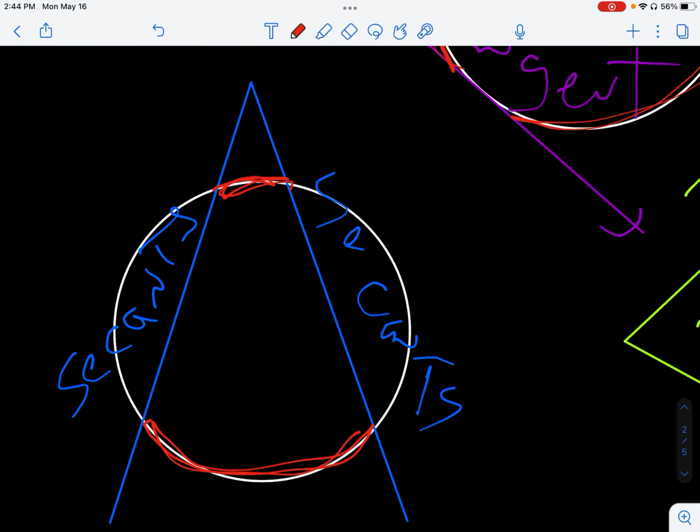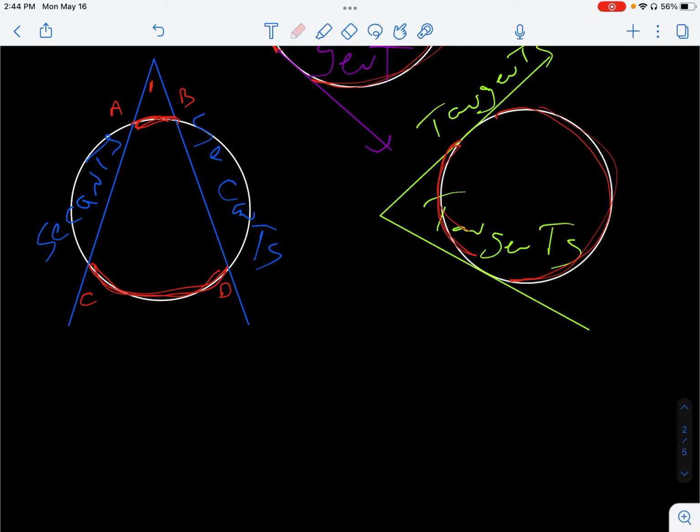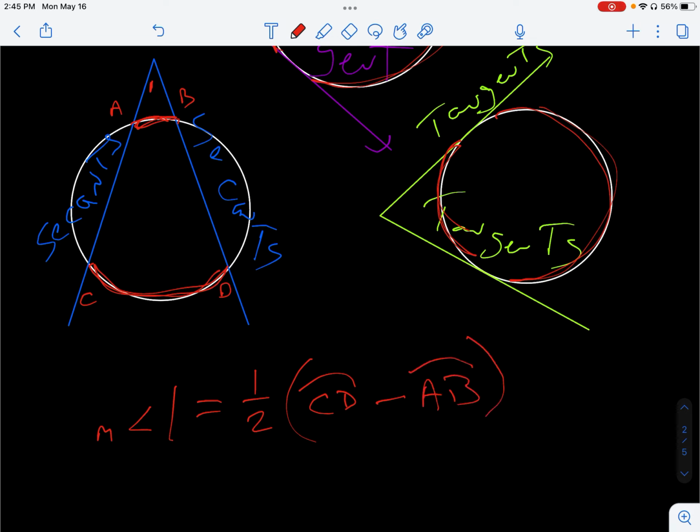So let's call this angle 1, B, C, D. And regardless of how it intersects, the measure of angle 1 is going to equal 1/2 arc CD minus arc AB.